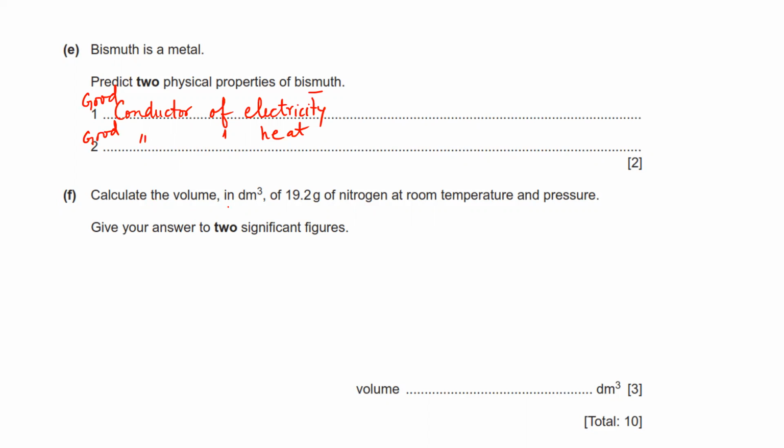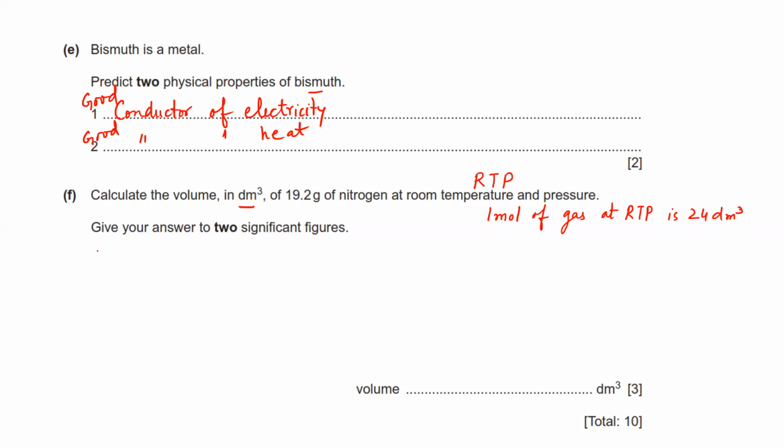Then part F, it says the volume in decimeter cube of 19.2 grams of nitrogen at room temperature and pressure. So it is asking about RTP. Remember, volume of gas at room temperature and pressure: 1 mole of gas at RTP is 24 dm cube.